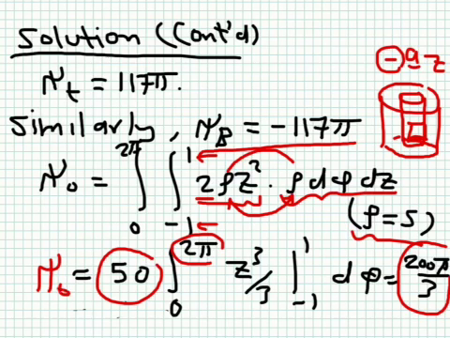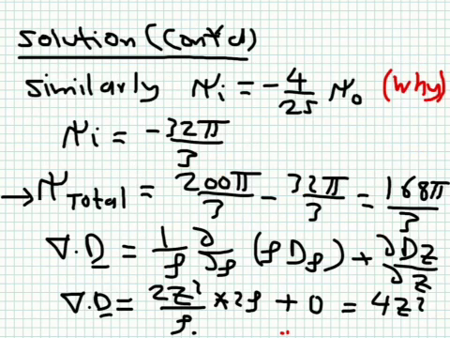And the reason is simple. The negative sign is because the unit normal is in minus a rho, not a rho. And because inside the integral there is rho squared, which is constant, rho squared for the outer cylinder is 25, and rho squared for the inner cylinder is 4. As explained, we simply say that psi in is minus 4 over 25 times psi out. So this will be the value of psi in after you multiply by 4 over 25. 200 over 25 will give you 8. You multiply by 4, so you get minus 32 pi over 3.